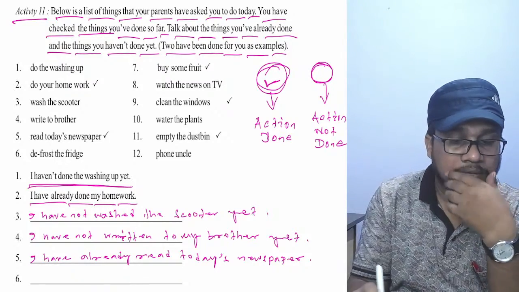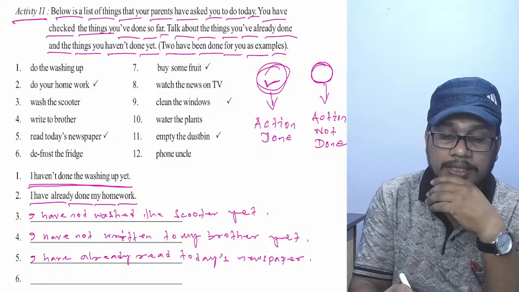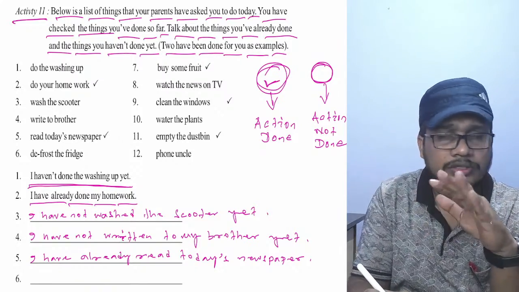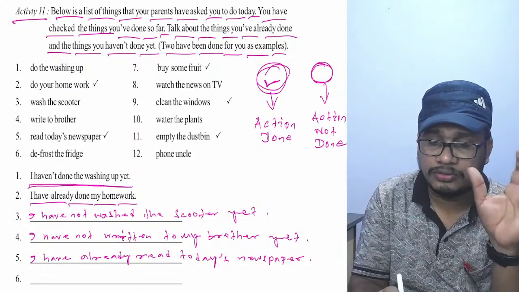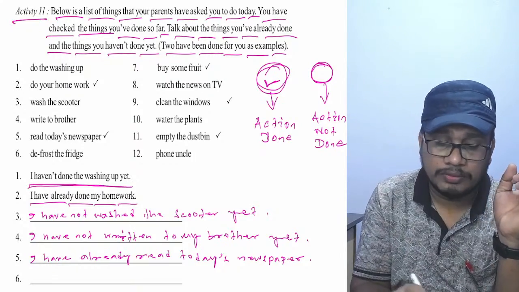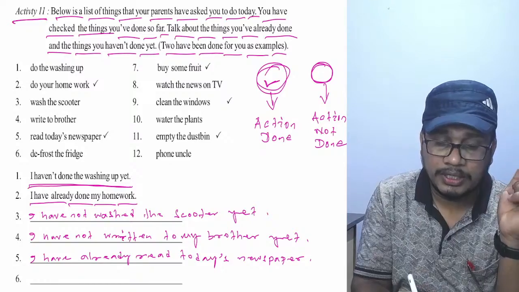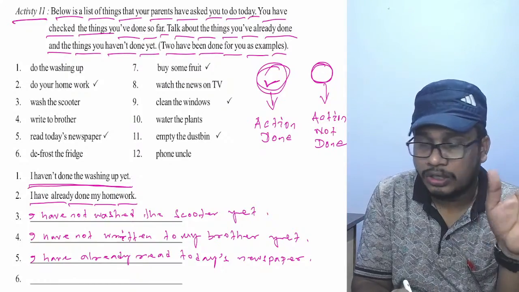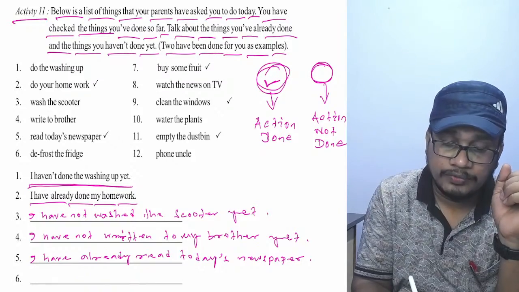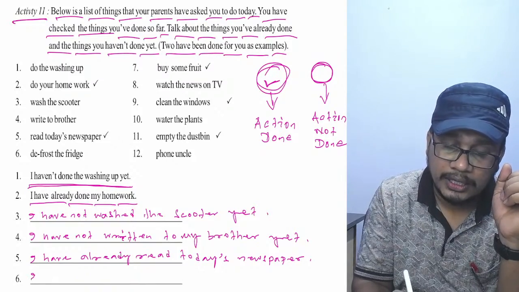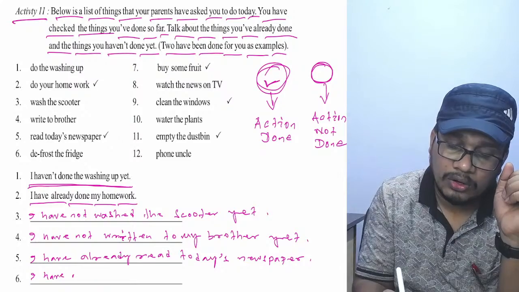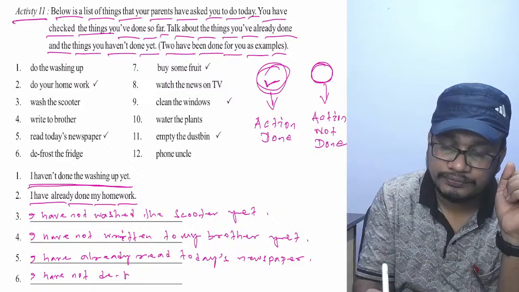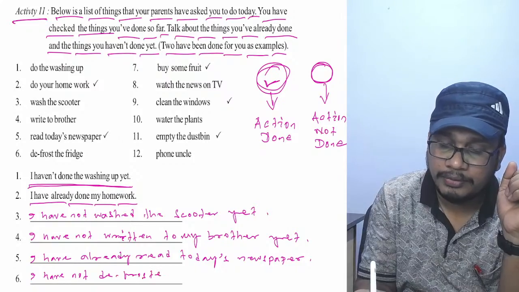Then another sentence is given: defrost the fridge. Defrosting the fridge means cleaning the frost that has collected in the fridge. Number 6 has no tick mark, which means the action has not been done yet, so you have to write: I haven't defrosted the fridge yet.